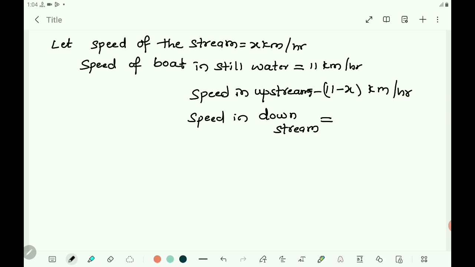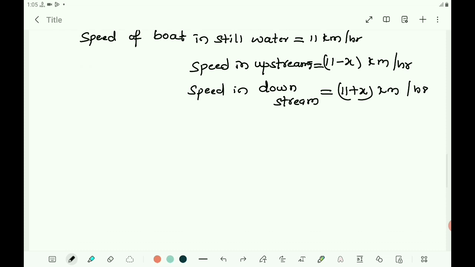How much does it increase? It increases by the speed of the stream, which is x. So you can write 11 plus x kilometer per hour. This is in still water, this is in the upstream, this is in the downstream. Here we have to add the speed of the stream in the downstream, and subtract the speed of the stream in the upstream. In the downstream, we add the speed of the stream to the speed of the boat, and in the upstream, we subtract the speed of the stream from the speed of the boat.